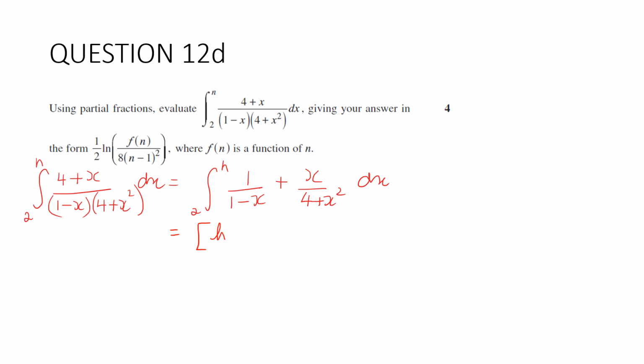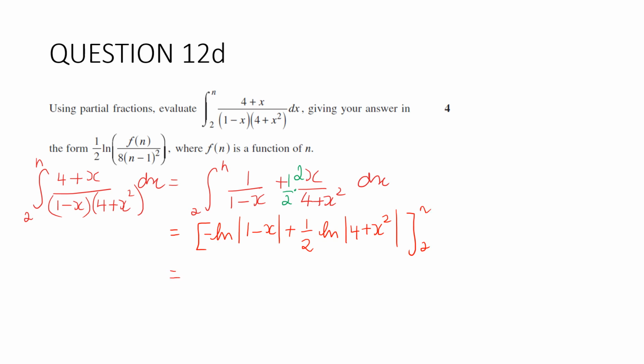We've got ln of 1 minus x, divide by negative 1, I'll just put the negative out the front, plus, this is also going to be a log, I can see the derivative of the denominator sitting at the top except for that 2, so let's put the 2 in and adjust, and I'm going to end up with a half ln 4 plus x squared. All right, let's tidy this up before we substitute in.